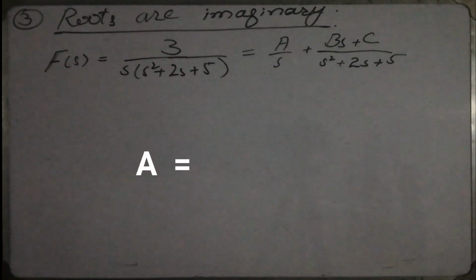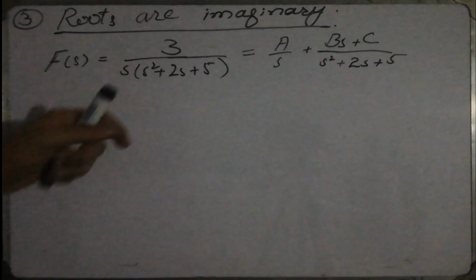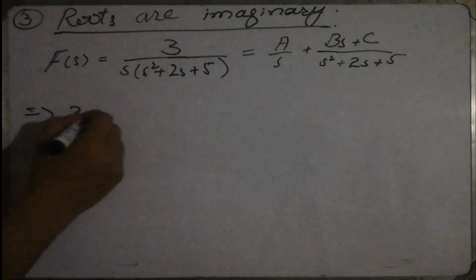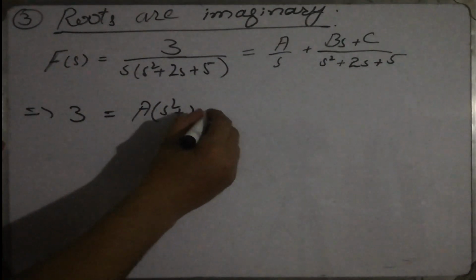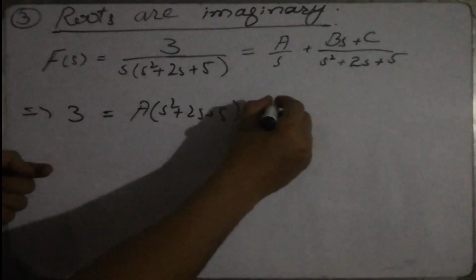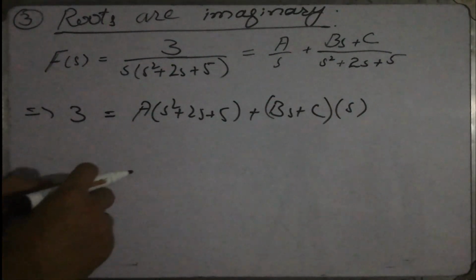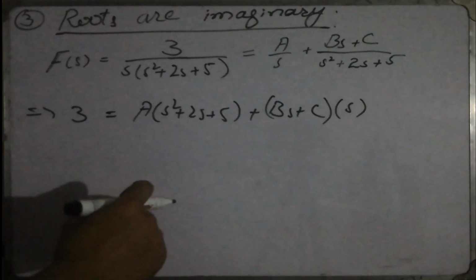Now in order to find the other two constants, we have to multiply this whole equation with this whole denominator right here, and our equation would be left with 3 is equal to this, which will be our final equation once we multiply this whole denominator with the whole equation.